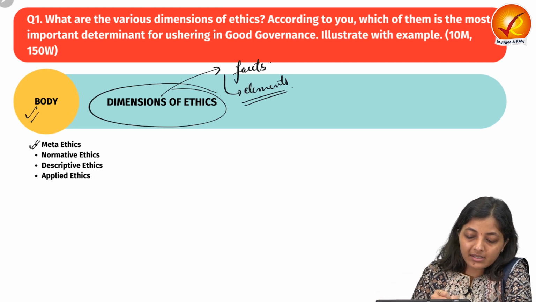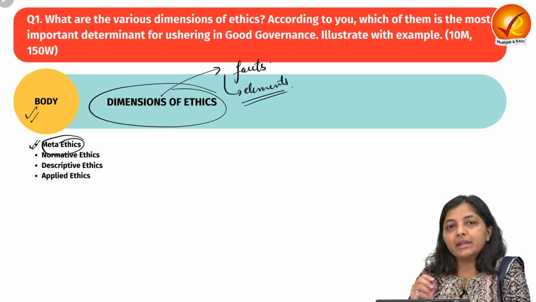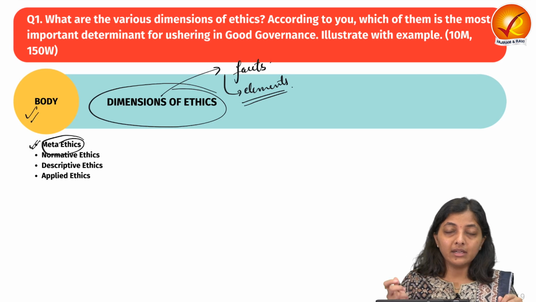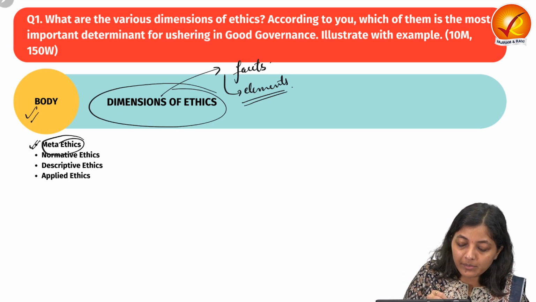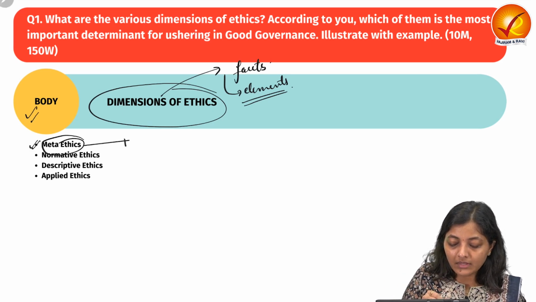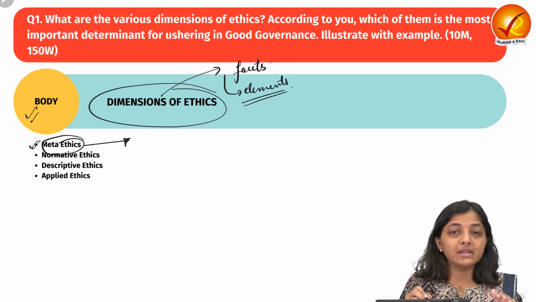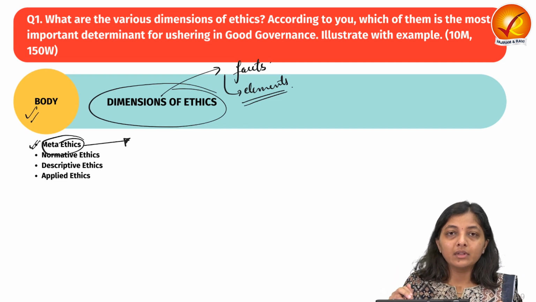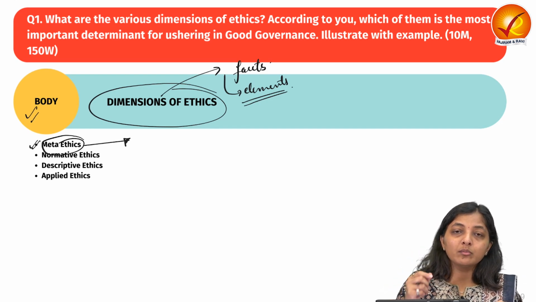The very first thing is meta-ethics. Meta-ethics means metaphysical ethics, which is beyond the physical. It is abstract in nature. Meta-ethics deals with the study of the very basic, fundamental questions: what does right mean, what is the utility of being moral.